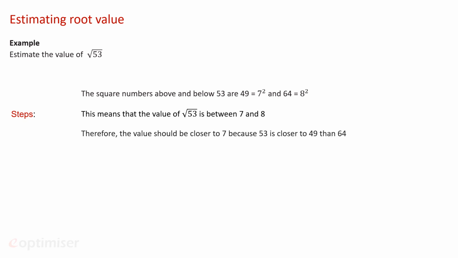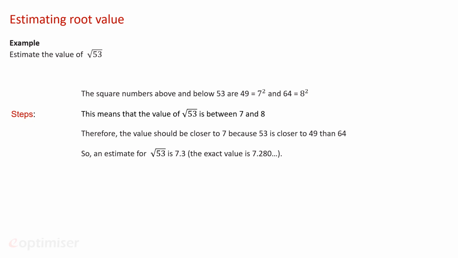We think 7.3 would be somewhere around there. 7.3 squared will give about 53. This is not exact, but the exact value is 7.280.